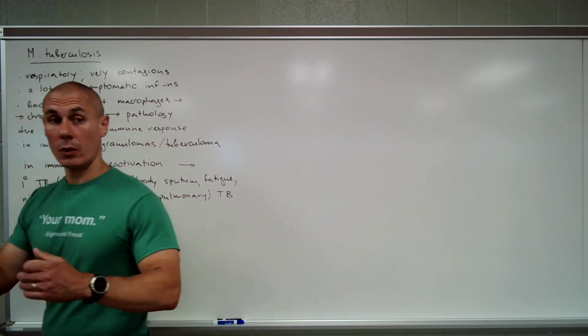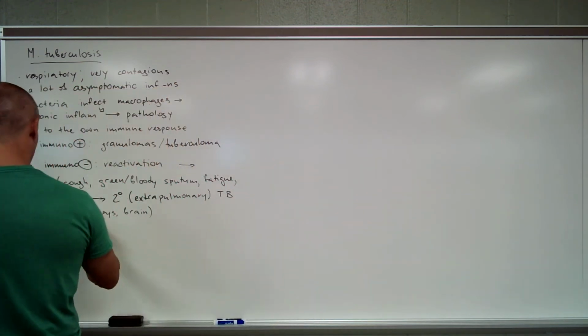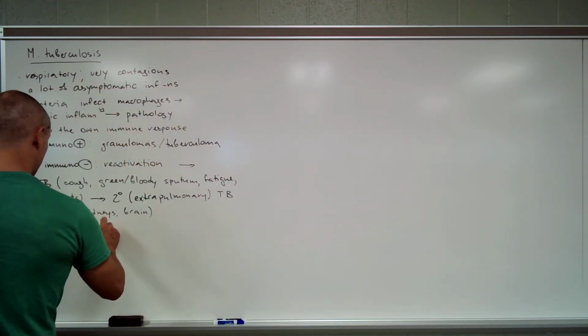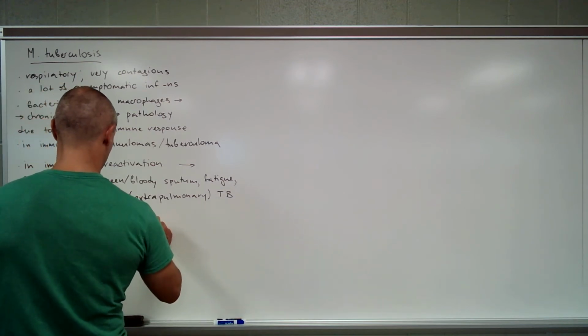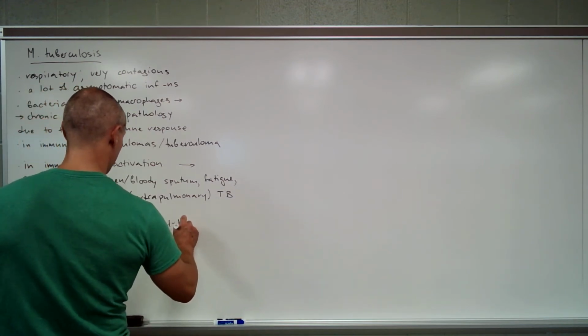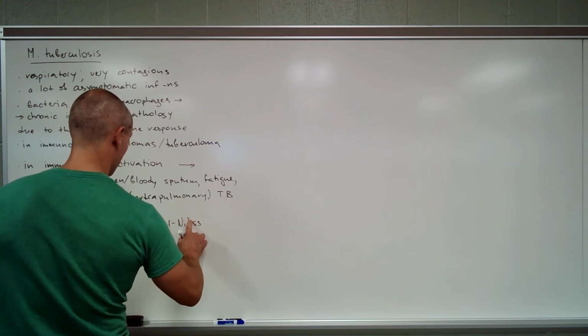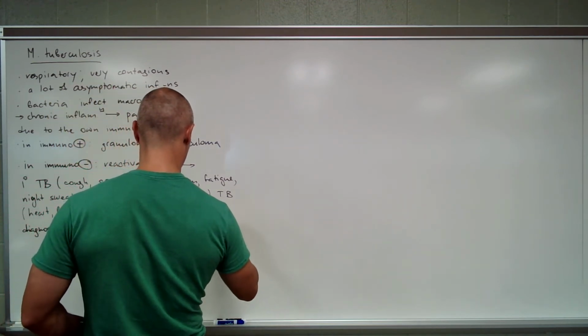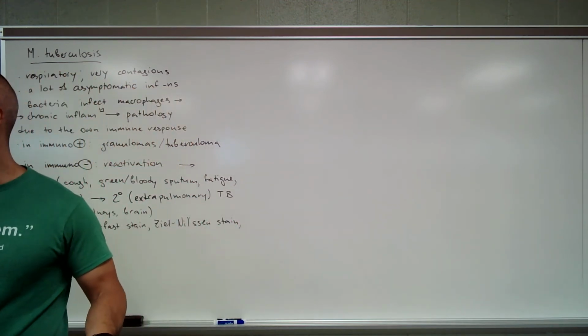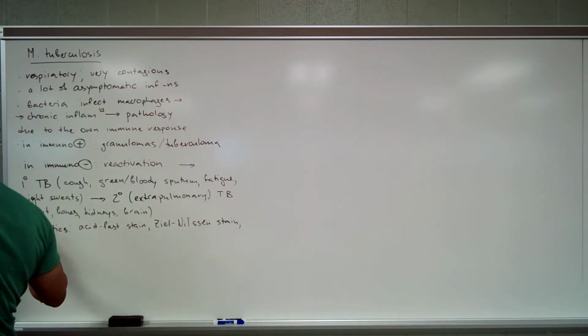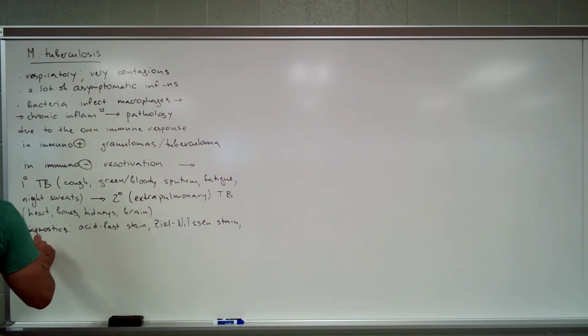So microscopically, acid fast stain, Ziehl-Neelsen stain, everybody knows the TB test, right? So that's the kind of the old way.